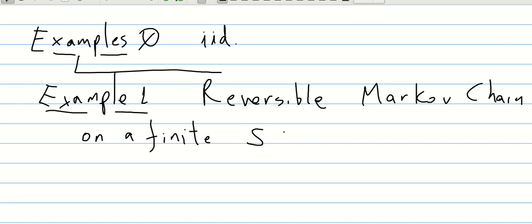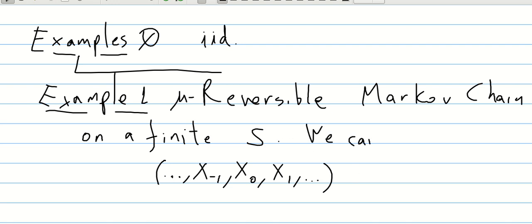And since it's reversible with respect to a certain measure, let's call it mu, reversible, we can define the doubly infinite process that goes from minus infinity to plus infinity and is stationary. How do you do this?